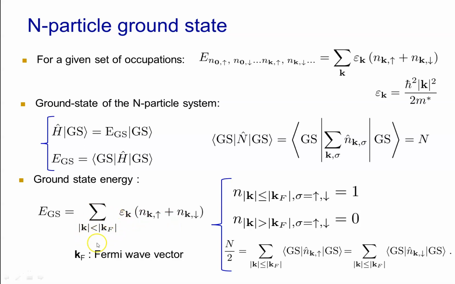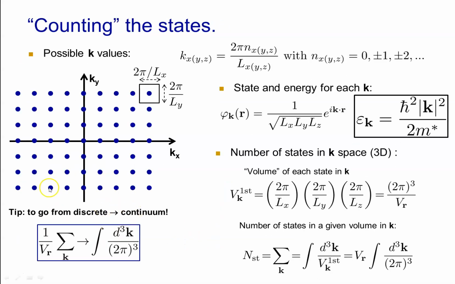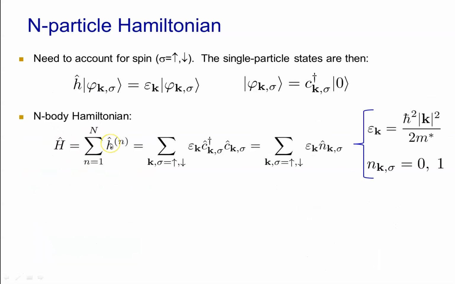So to calculate this, we have to just do the sum where the absolute value of k for the last occupied state in the ground state is going to be the Fermi wave vector. That's the definition, right? In that example that we have 10 particles, the Fermi wave vector would be 2 pi over L. My Fermi surface would be just these 4 points here. These would be filled states, right?